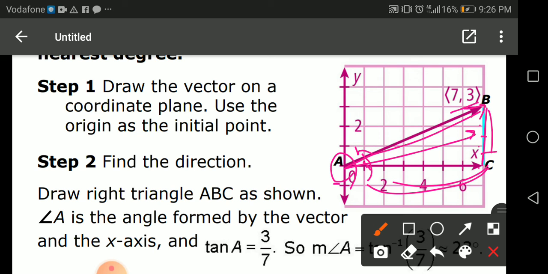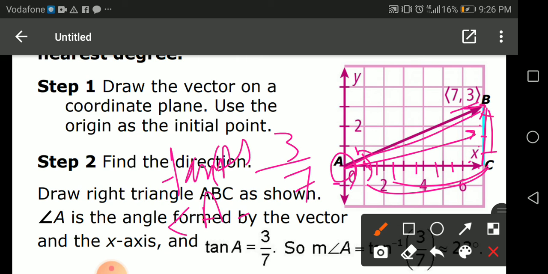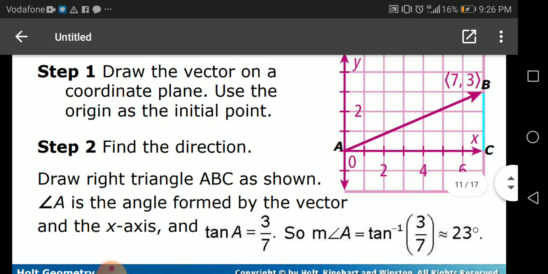Opposite here is 1, 2, 3, so we have 3 over what? 1, 2, 3, 4, 5, 6, 7, 3 over 7, tangent of angle A. So we need angle A, so I will say angle A equals the inverse of tangent of 3 over 7, so we get 23 degrees.